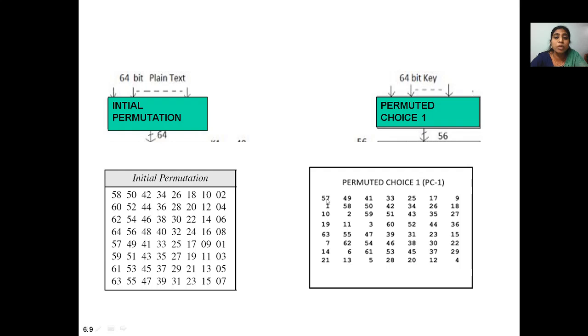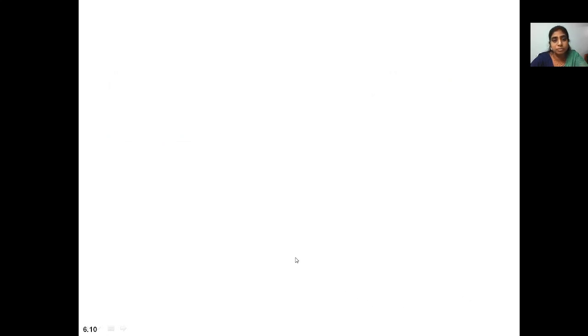And we are going to place the 57th bit in the first position, then the first bit in the second position, the third bit in the 10th position, the 10th bit in the third position, the 19th bit in the fourth position, and the 63rd bit in the fifth position. Like that we need to transpose the values in the required manner.